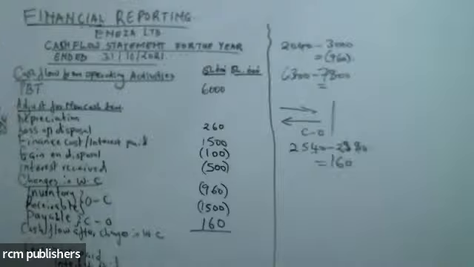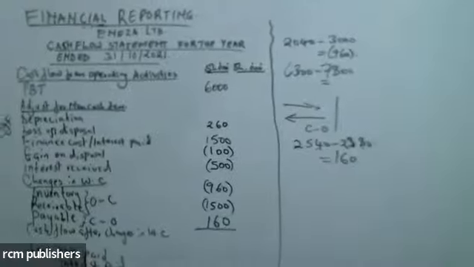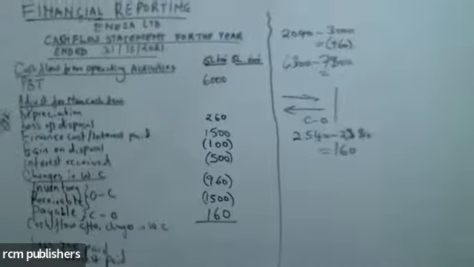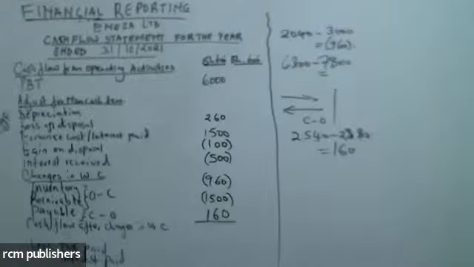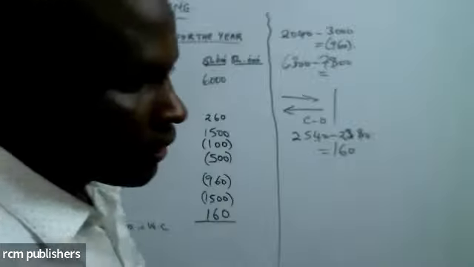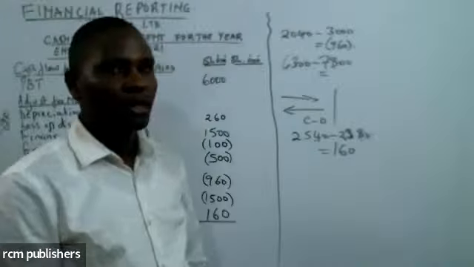So class, for the two, I hope they are visible. For the two, you rush to the current liability section, because if tax was not fully paid, it is recorded under current liability.